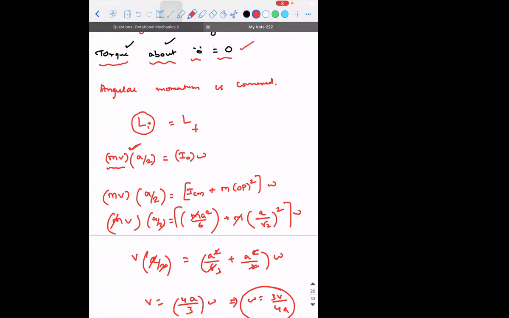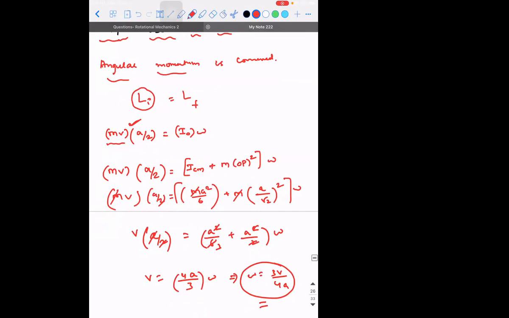Similarly, the torque about the point where it is undergoing the collision is going to be 0, and there is conservation of angular momentum that is taking place, and we have framed the equations.